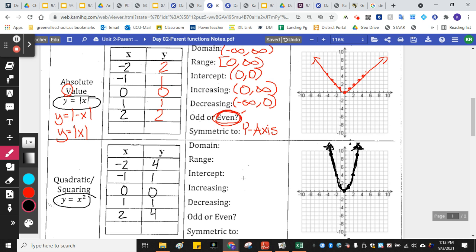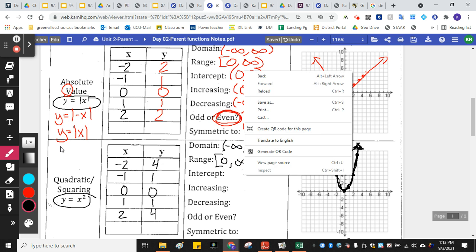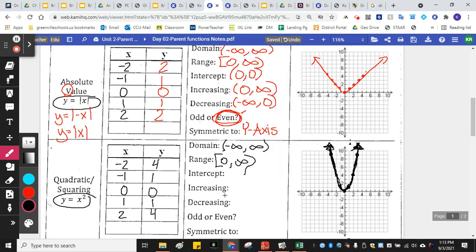How does it compare all these characteristics to absolute value? Domain? What's our domain? Range. Intercept, 0, 0. Increasing, 0 to infinity.